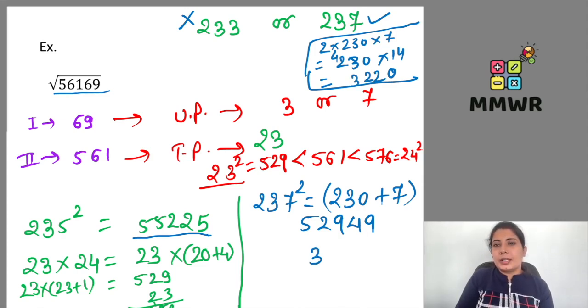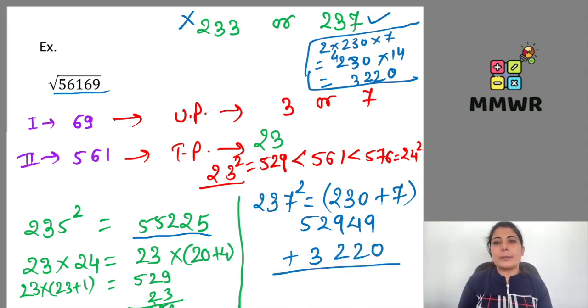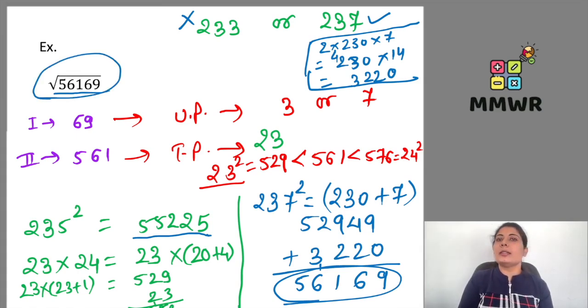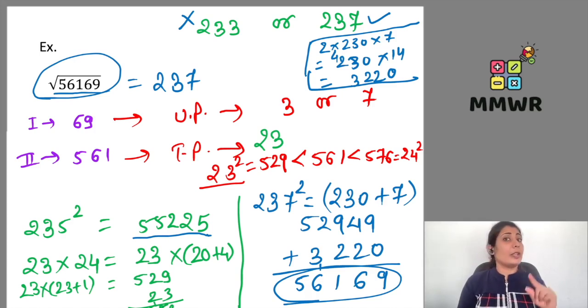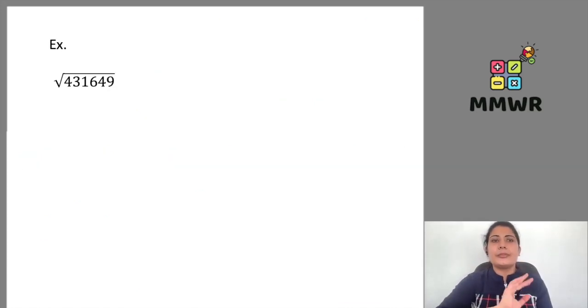So 3220, which I have to add to the above number. So 9, 6, 11, carry over 1, and this gives me 6 and 5. So 56169 is the square of 237, which was the given example. So the square root of 56,169 is 237.